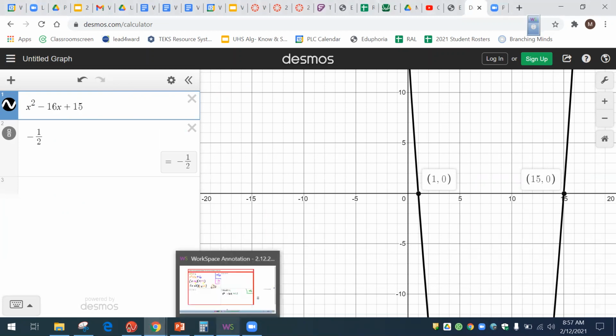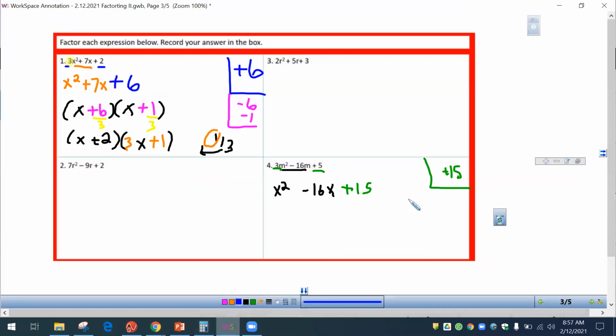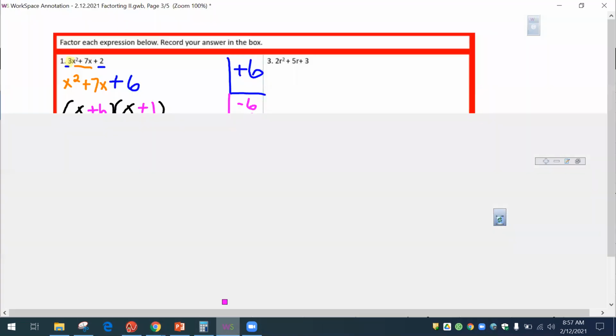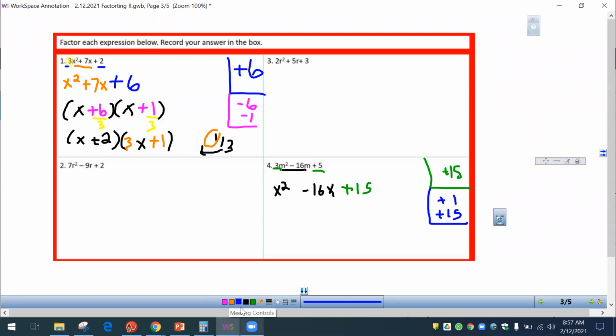1 and 15. So you'll put your roots over here. So they're both positive. So when you set up your parentheses, put a minus 1 here, minus 15 there.